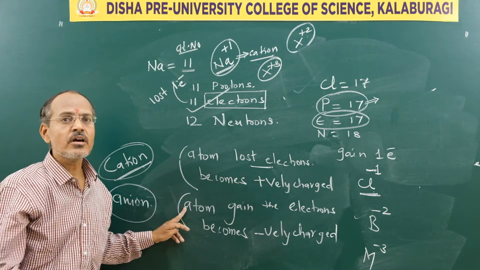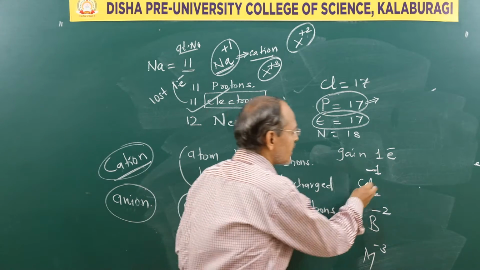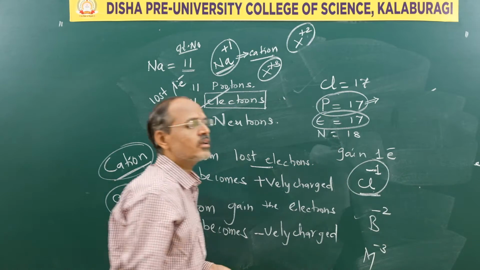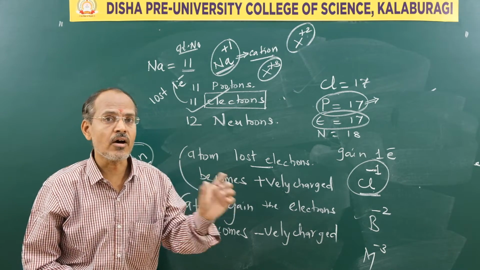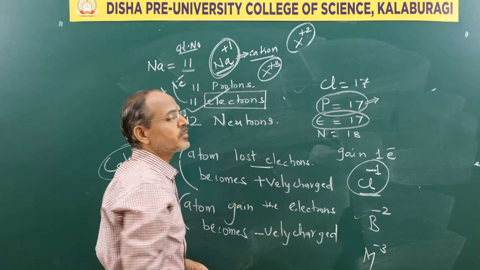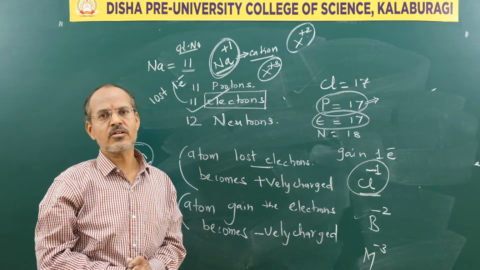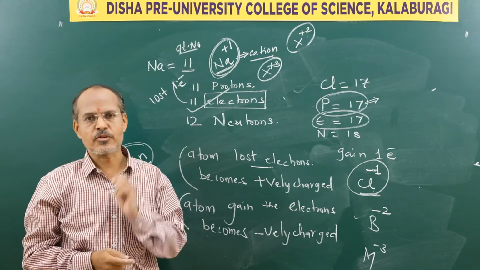Anion is formed after the gain of electrons. So chlorine is an anion, called the chloride ion, and sodium is a cation because it lost electrons. Okay, this is about the first point.